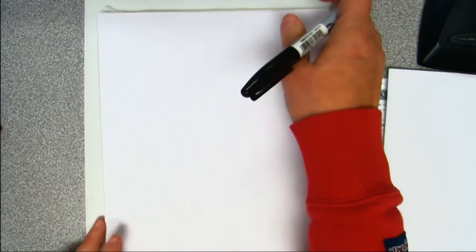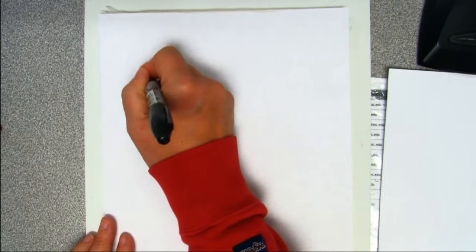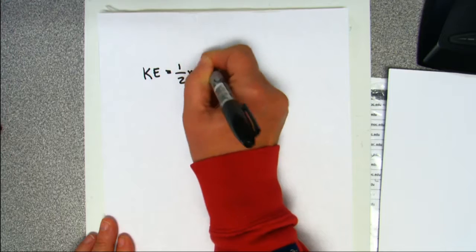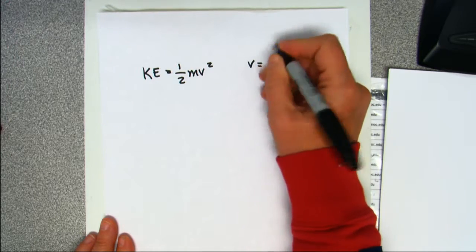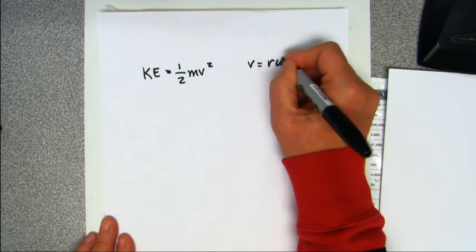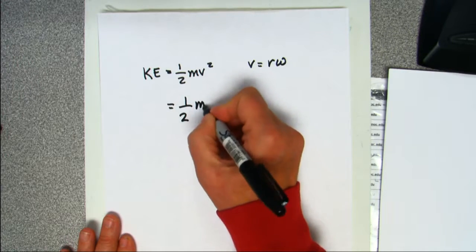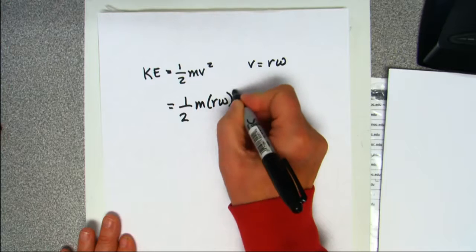Okay. I gotta get through a couple other concepts so that you guys can get your homework done. So let's start with kinetic energy. Let's look at our system that way. So kinetic energy is equal to 1/2 mv squared. We know that v is equal to R omega. So now I'm going to put in 1/2 m (R omega) squared.